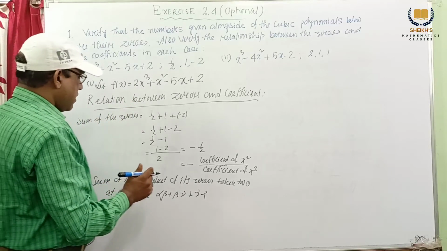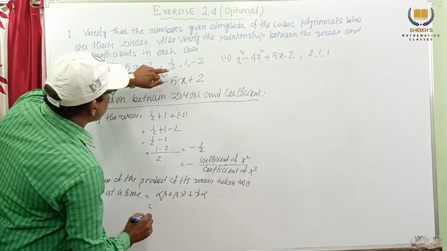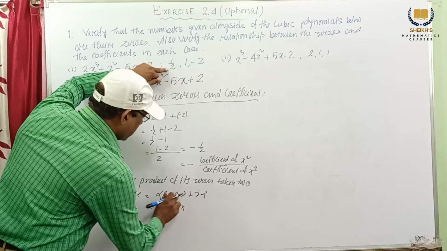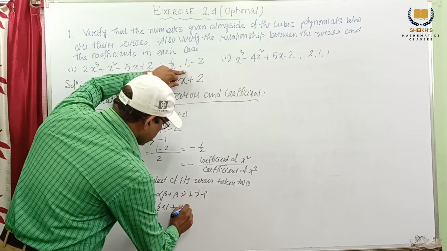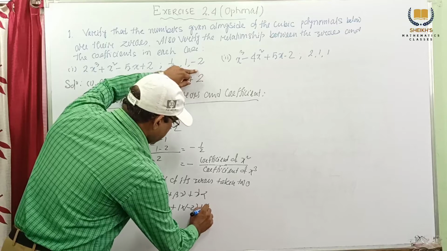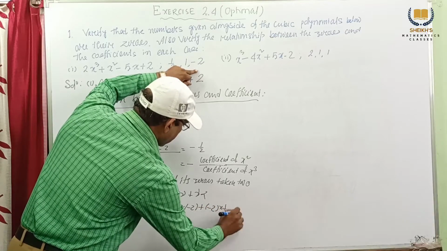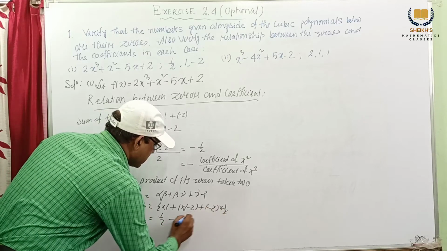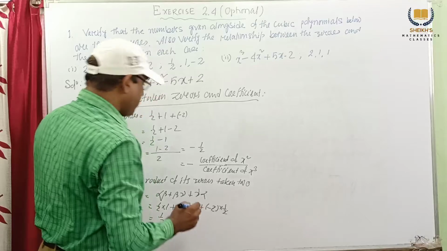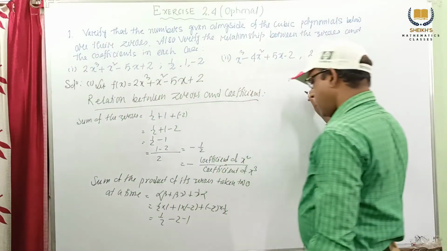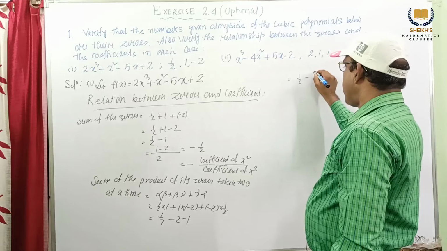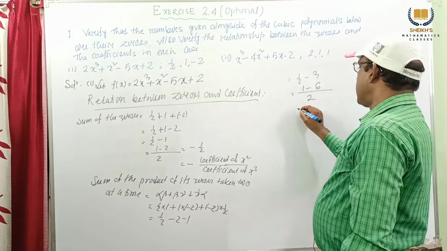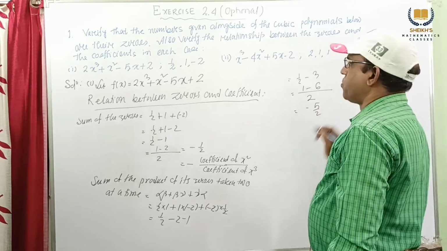So alpha means we assume half, beta means 1, and gamma is minus 2. So this is 1 by 2, minus 2, minus 1. This will be 1 by 2 minus 3, taking LCM 1 minus 6, and this will be minus 5 by 2.